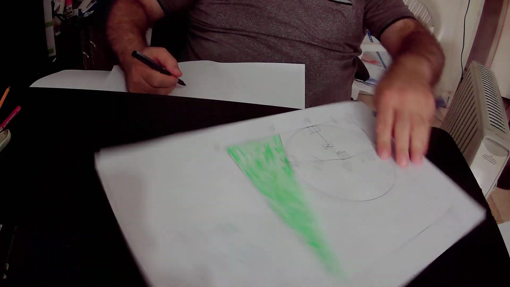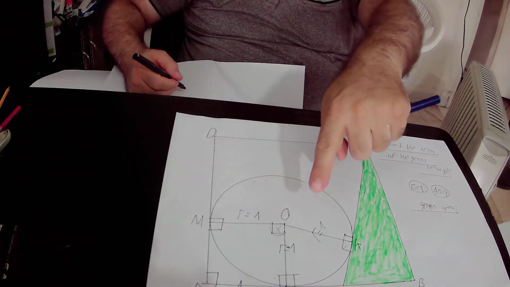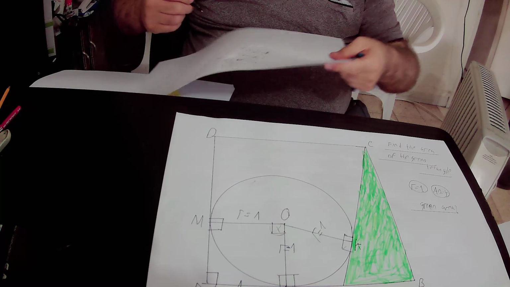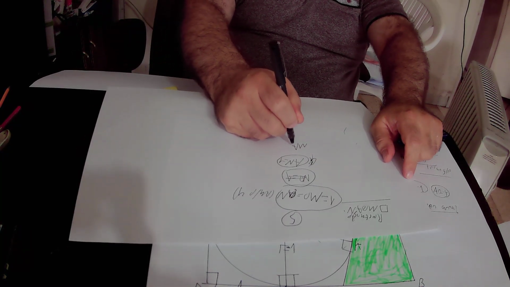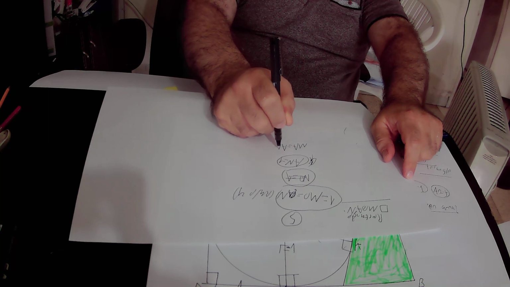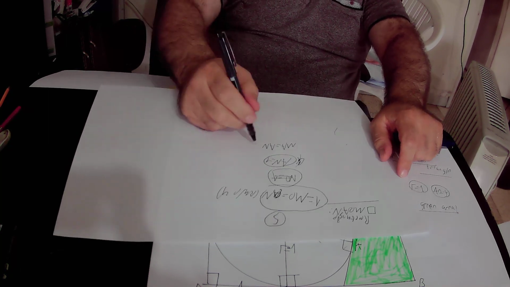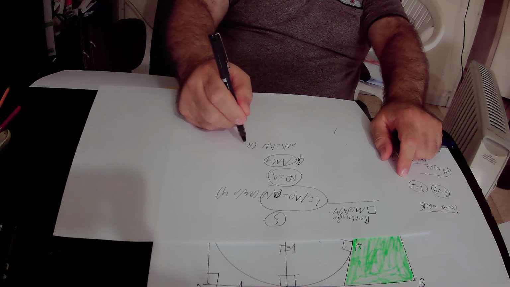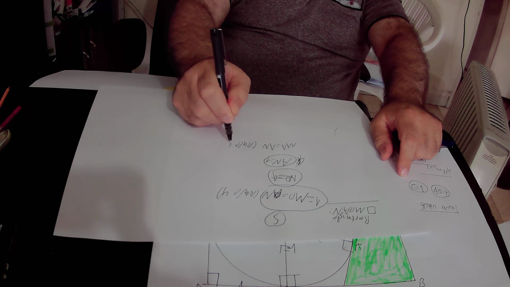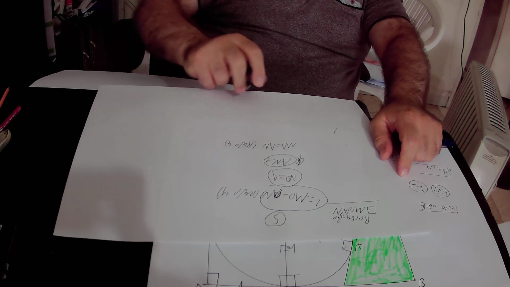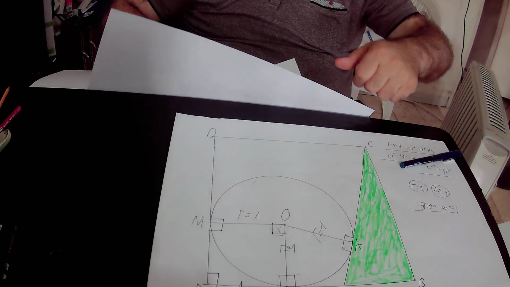Likewise, according to rule number 4, MA equals ON. According to the rule that the opposite sides in the rectangle are equal to each other, MA must be equal to ON in rectangle MOAN.